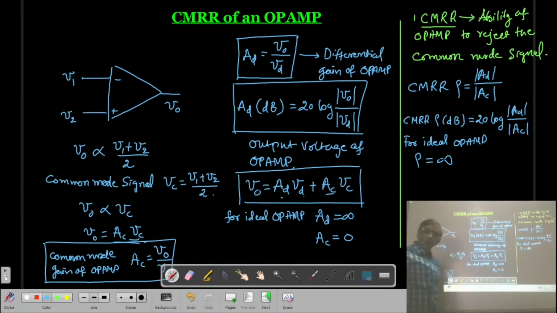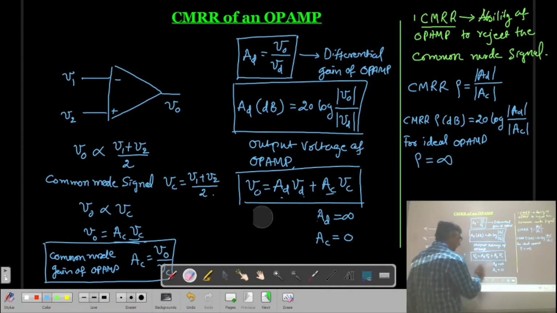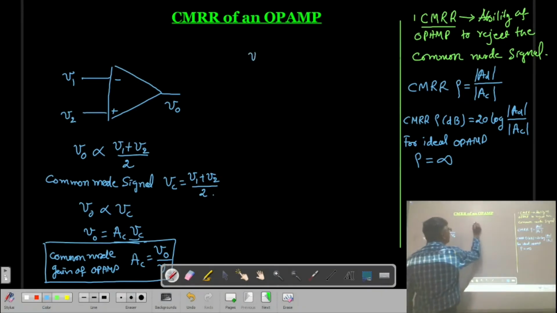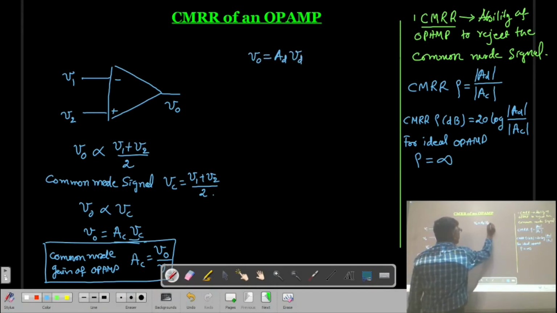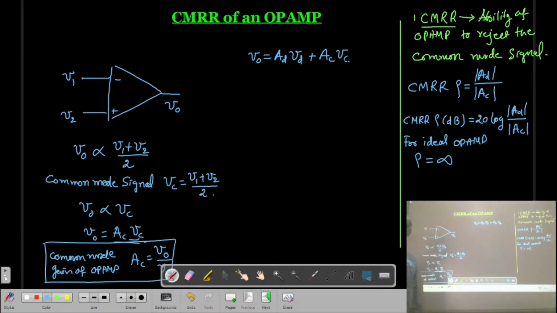So basically this rho is indicating by how much amount your common signal is rejected by the operational amplifier. Okay, now look at this, how we can calculate the output voltage using the CMRR. So output voltage is written as AD into VD plus AC into VC. Correct?